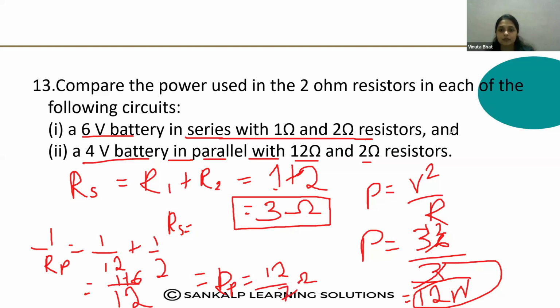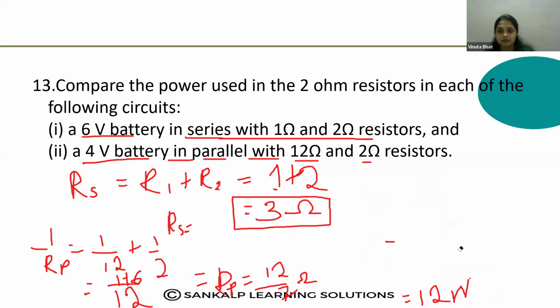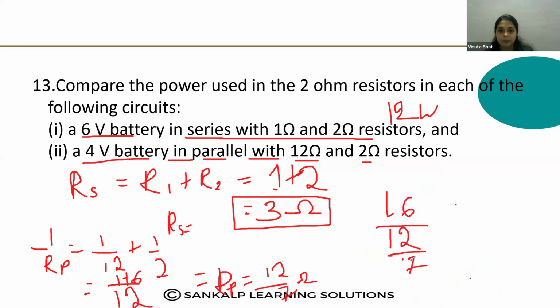Here when you apply the V square by R formula, V square is 4 square, 16 divided by 12/7.